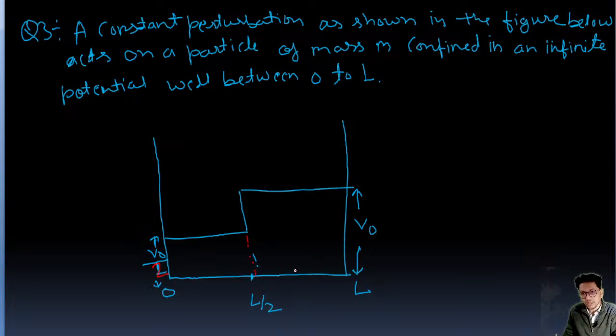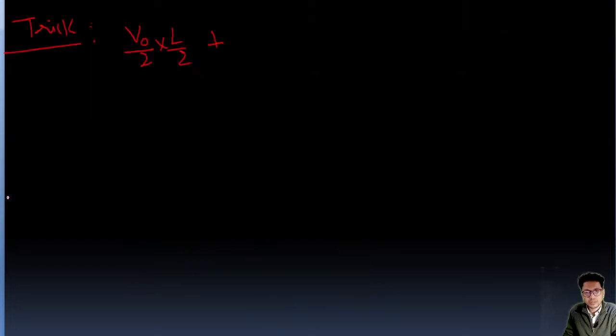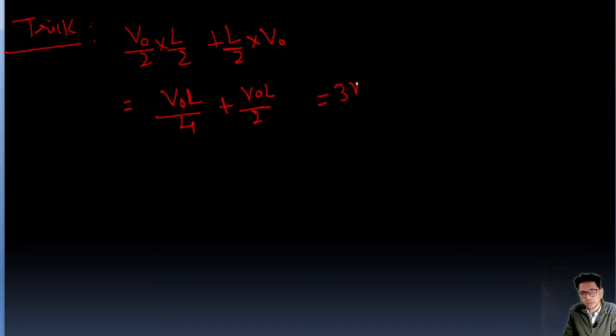This is L by 2 into V naught. We'll solve it. So this is going to be V naught L by 4 plus V naught L by 2. So this is going to be 3 V naught L upon 4, right?